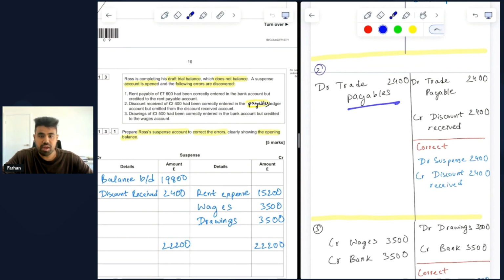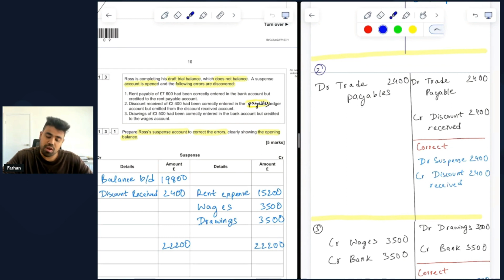So if discount received was included correctly in the payables ledger, then that should have resulted in a reduction in the balance we owe our trade payables, our credit suppliers. Trade payables by default are credit because they are our liabilities. When there is a discount that we are receiving from these trade payables, that results in a reduction in the amount we owe. Therefore, to reflect that reduction, because there is a decrease in liabilities, we are debiting trade payables by £2,400, which is the correct way to do it.